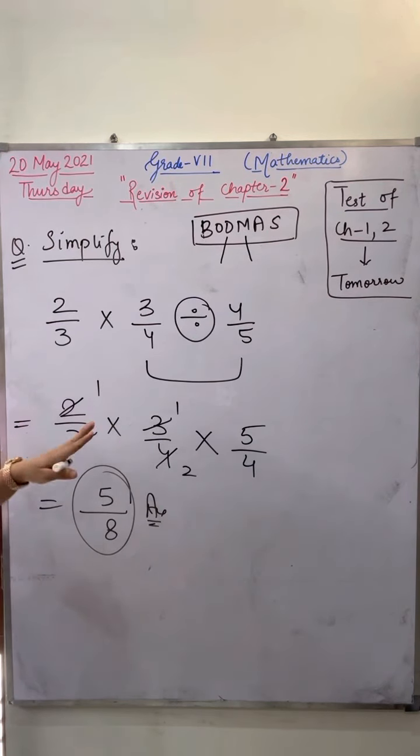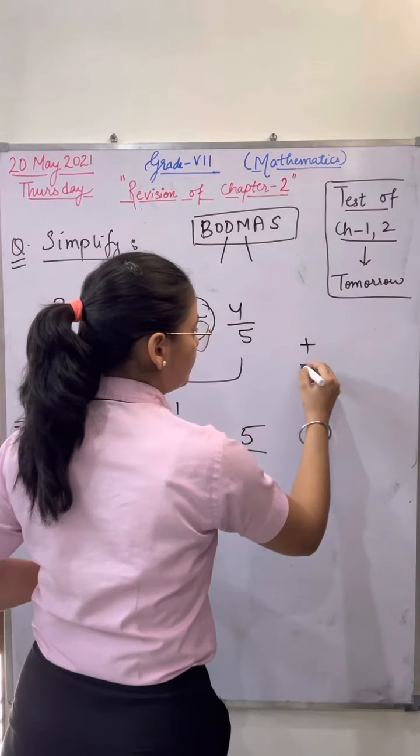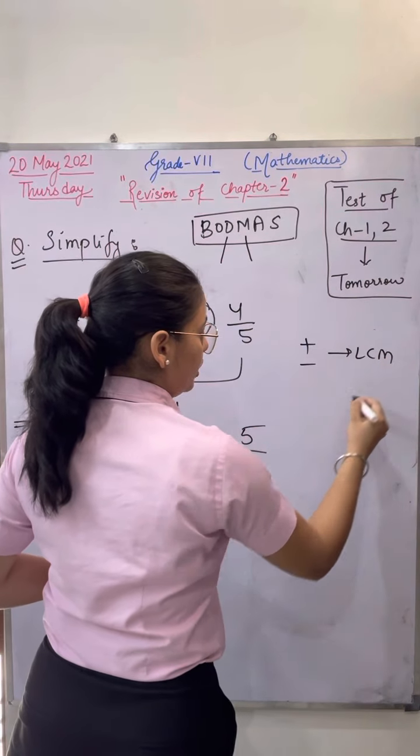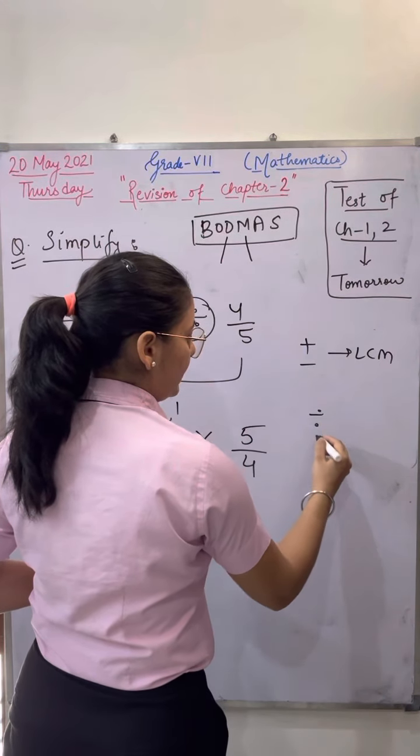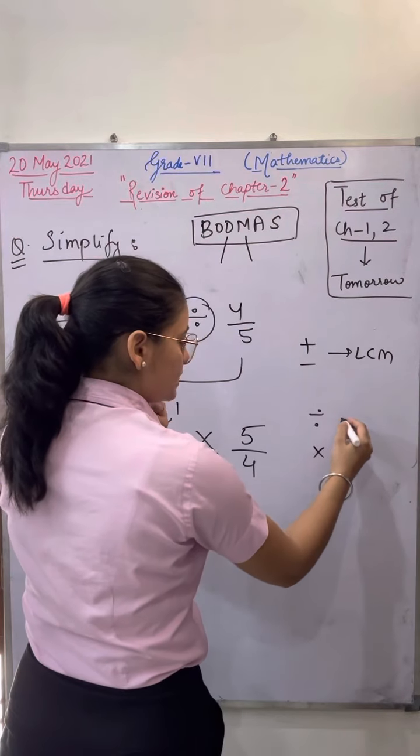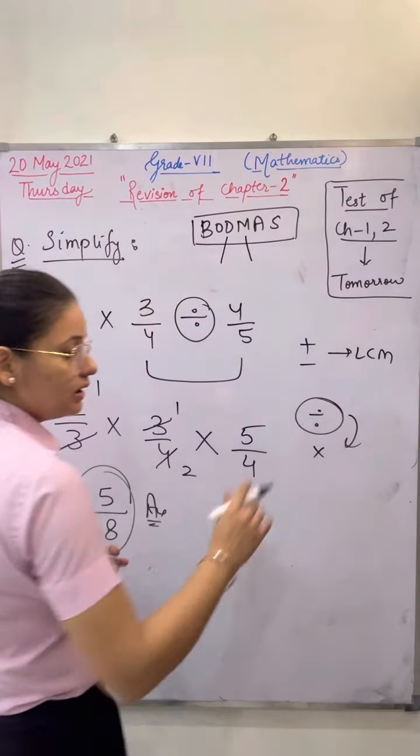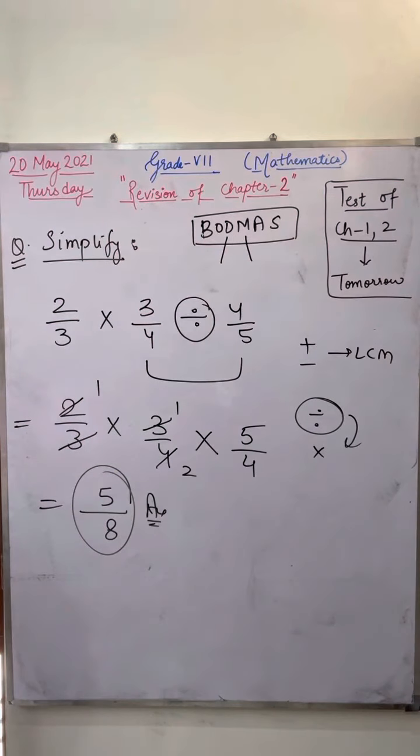Okay, now in this way you have to solve the questions of multiplication, division, and previously we have solved the questions of addition, subtraction. In addition and subtraction you have to take LCM. In division and multiplication, you have to change the sign of division and then do the cross multiplication.